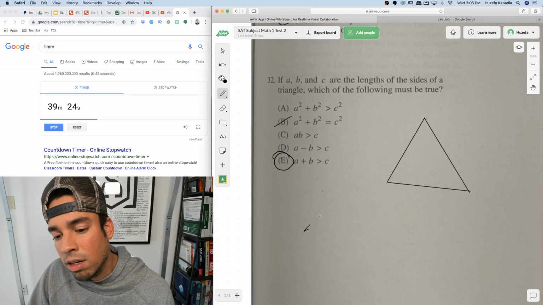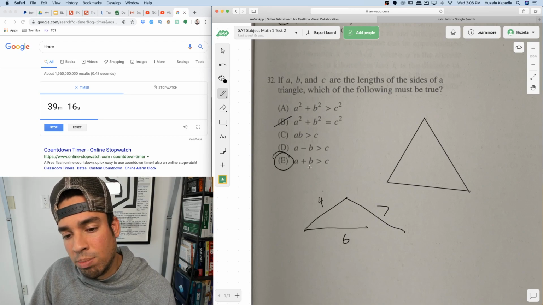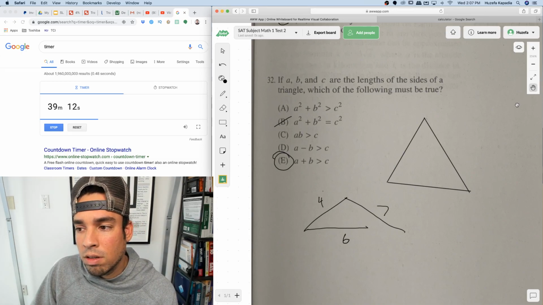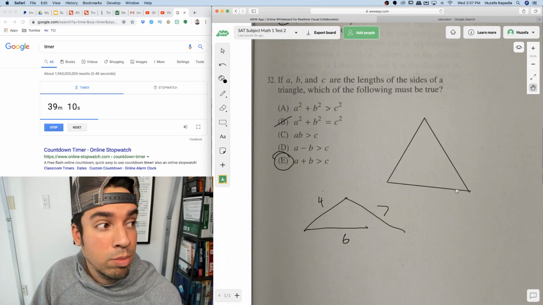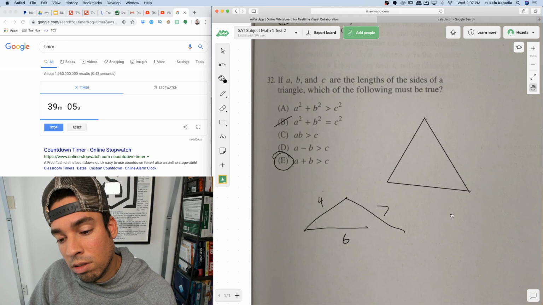That would be like this is 4, this is 7, and then this is like 6. I'm just saying it would never reach. I mean, A plus B always has to be greater than the third side. It can't be less than the third. Wait.